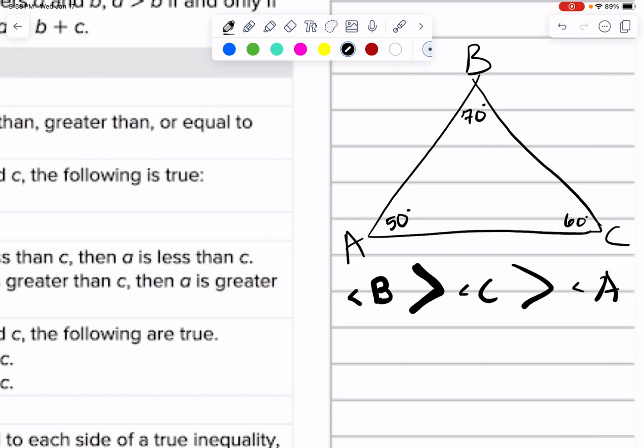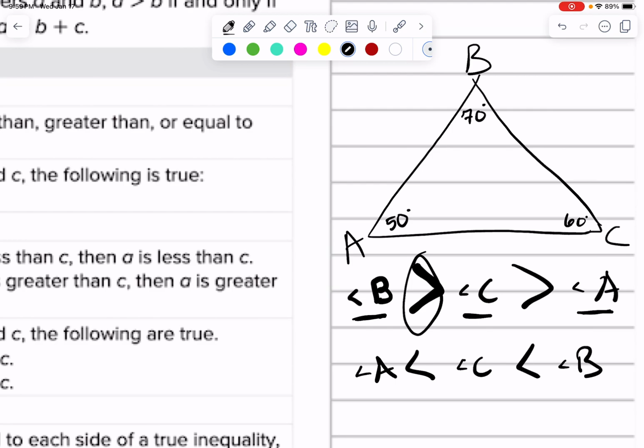So these are my inequality symbols. These are just my angle measures, but it's saying that the value of B is bigger than the value of C, which is bigger than the value of A, going in order. Or you could flip these around and say angle A is less than angle C, which is less than angle B. I can go like that instead.